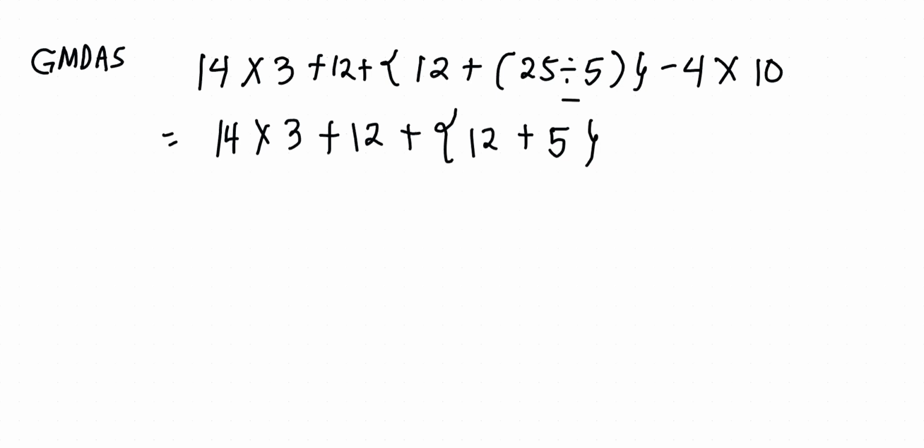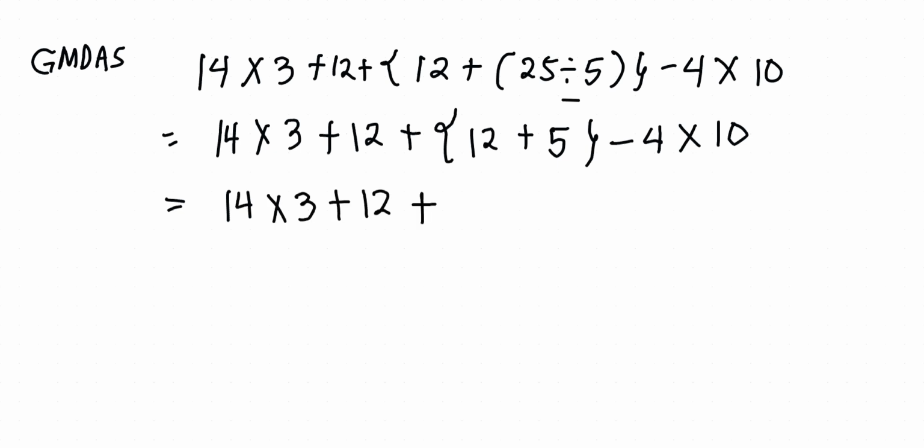Then minus 4 times 10. So we still have groupings here, which is 12 plus 5. So we still have to solve that. I'll just copy the remaining operation, 14 times 3 plus 12 plus 12 plus 5, and that is 17. And then remove the brace, copy minus 4 times 10.